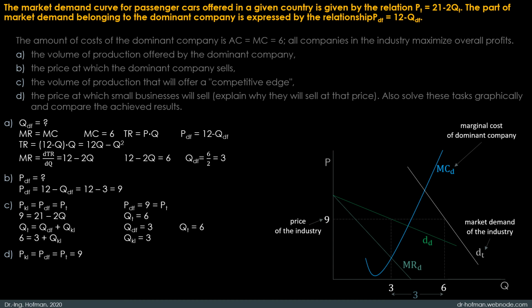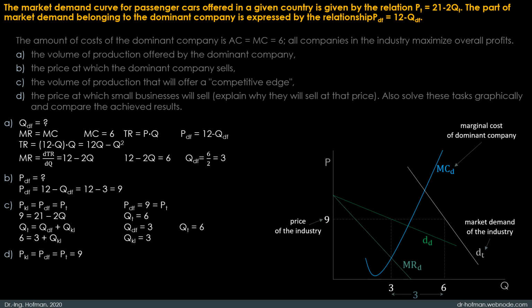Then we just need to calculate price 12 minus Q times Q for the TR expression. It means 12Q minus Q squared is total revenues. Marginal revenues is the first derivative of TR according to Q, which is 12 minus 2Q.